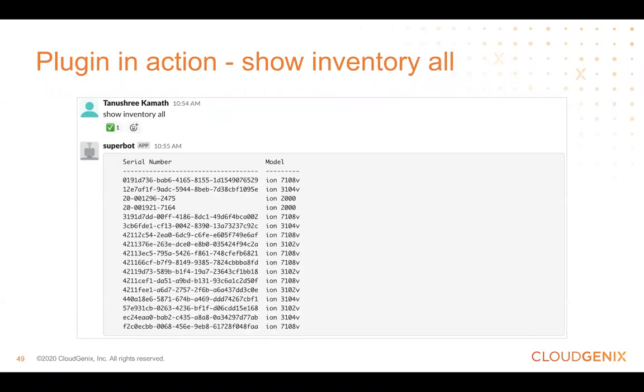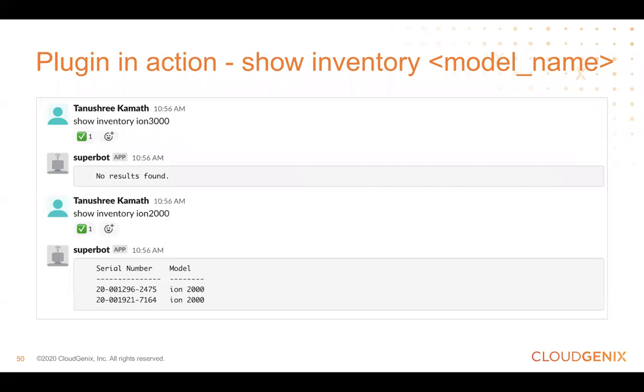So if I type in show inventory all, this is my demo lab. So you can see I have a bunch of virtual IONs, some ION 2000, so it's showing me all the inventory, all the different devices that are allocated to this particular tenant. If I want to filter based on model name, I'm giving it, okay, show me all the ION 3000s I have, so it looks like I have none, whereas for ION 2000, this is what it shows.